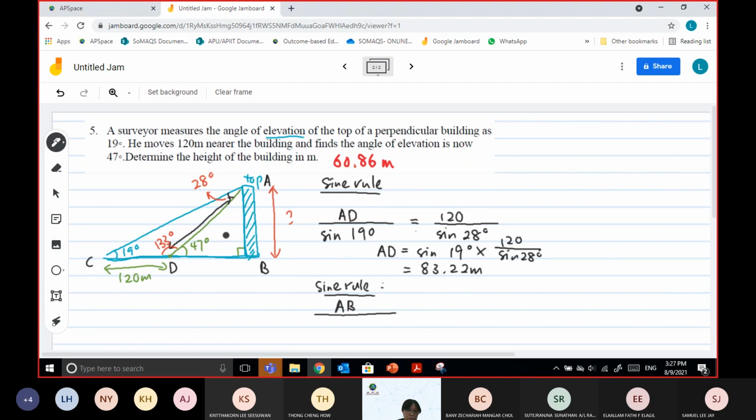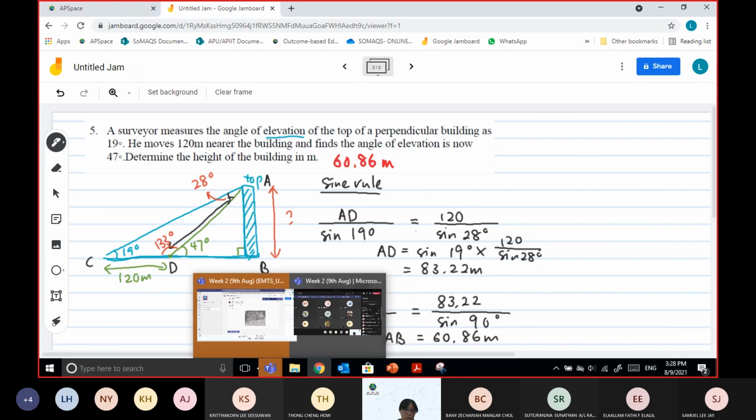If I'm using sine rule, the corresponding angle will be 47, equals to, I need the length, right? So I take the length for AD, which is 83.22, divided by the corresponding angle, which is sine 90 degree. So when I solve for AB, I get it as 60.86 meter.